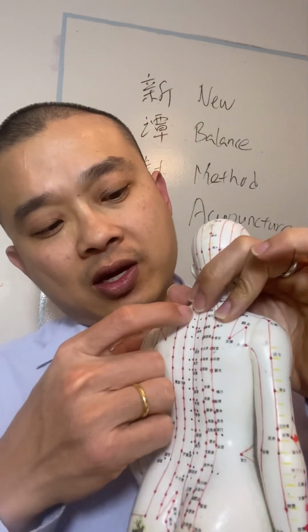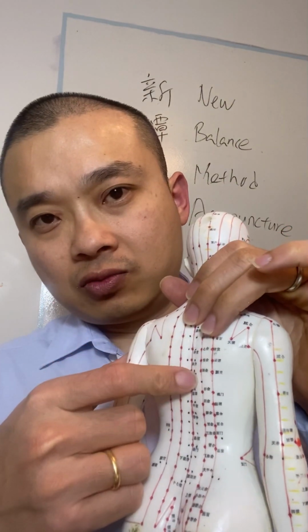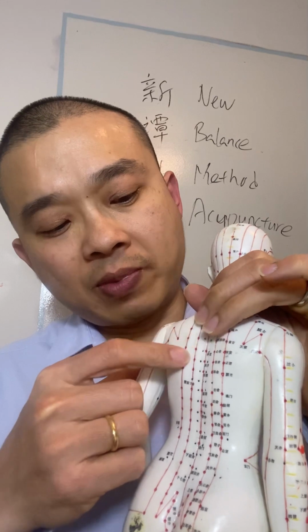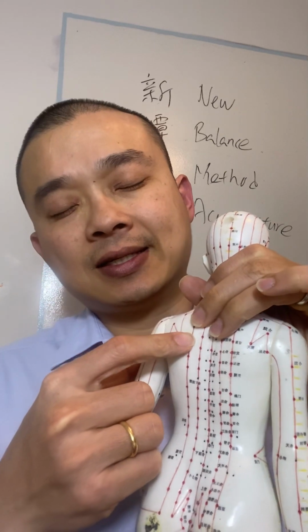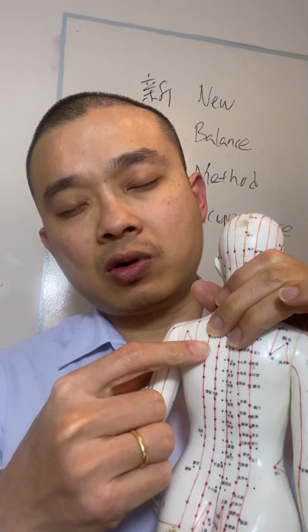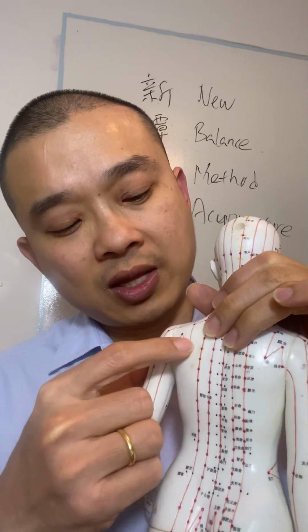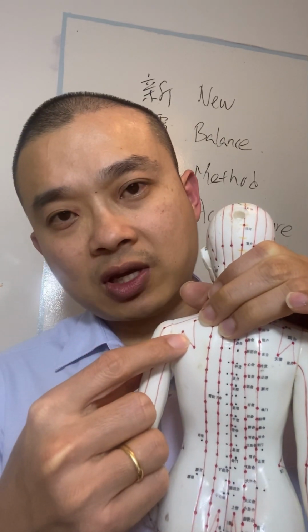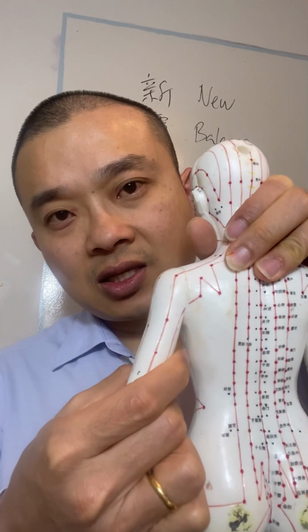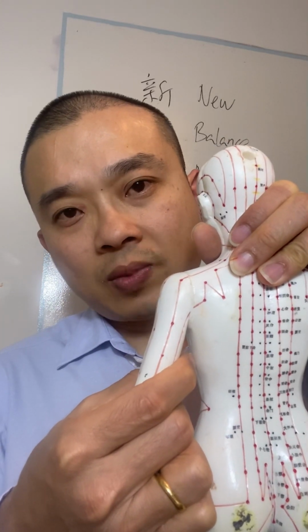The 6th meridian here is the dual meridian. And what about here? It is what we call the bladder meridian, and this is the small intestine meridian. On the side, it's the gallbladder meridian, right?